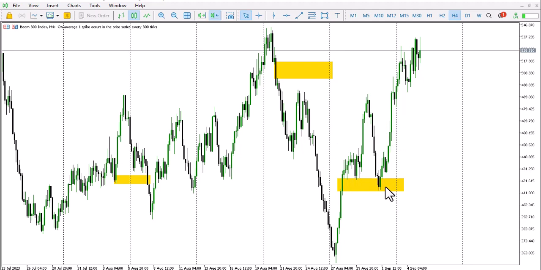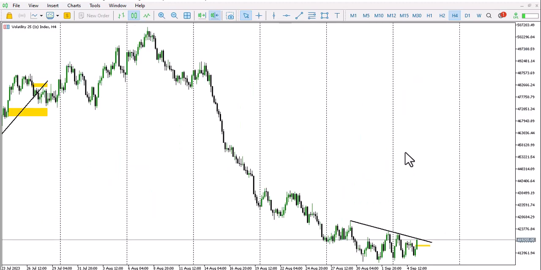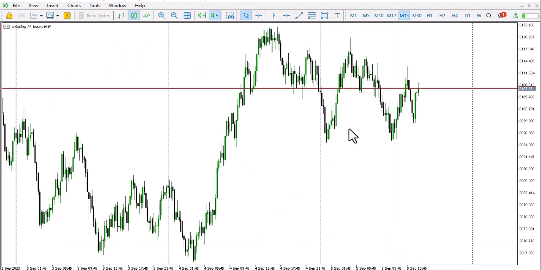Here we are on Boom 300, and we have a lot of fair value gaps. But as I always say, I don't prefer using these theories on Boom and Crash, because the candlesticks have to tell a story, and unfortunately these Boom and Crash candlesticks don't tell a story that I resonate with.